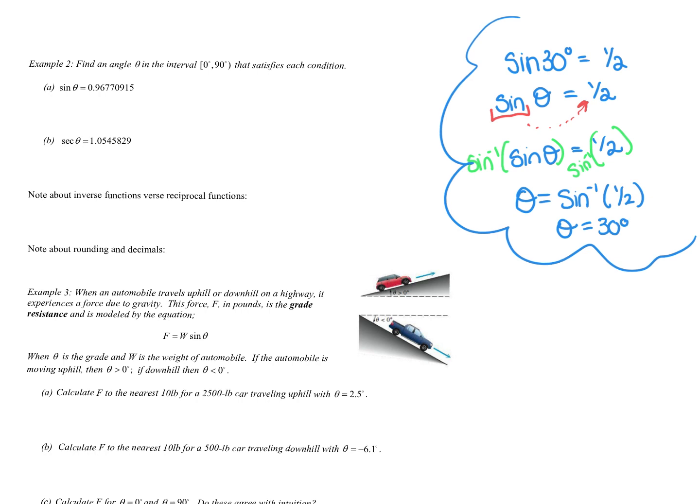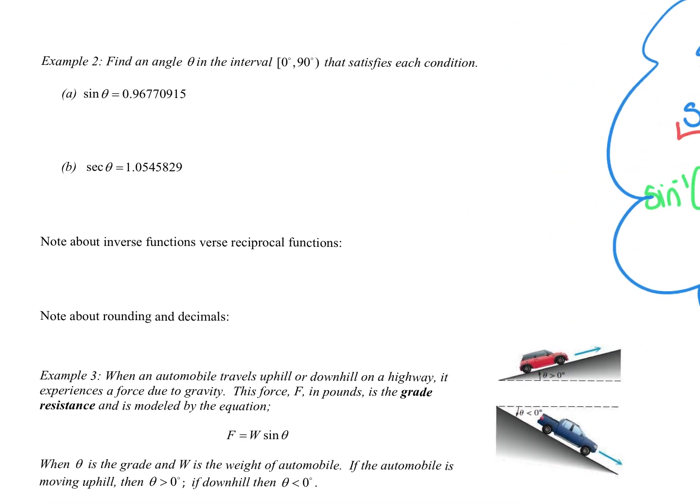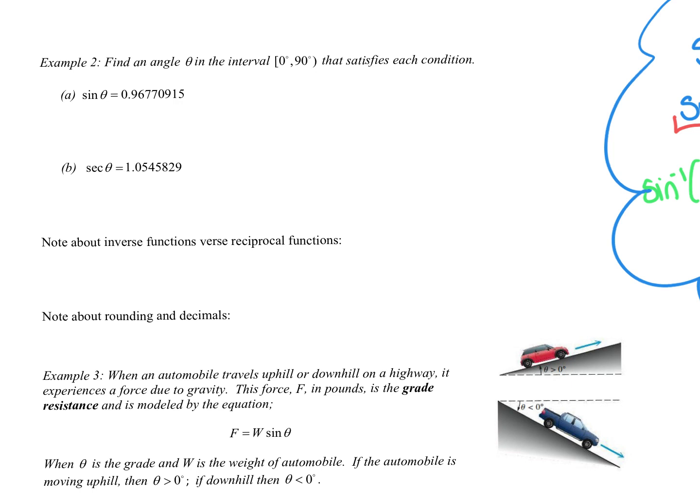So we're going to use this, and we're going to do example 2. The question is asking us sine of theta equals this decimal. What is the decimal? And what is the theta? And they want the answer in this restriction. So to undo this sine, we do the arc sine on both sides.